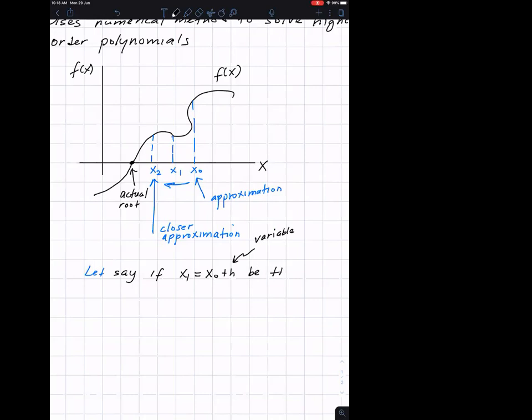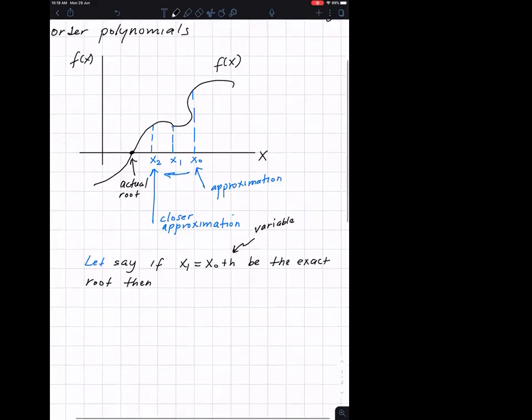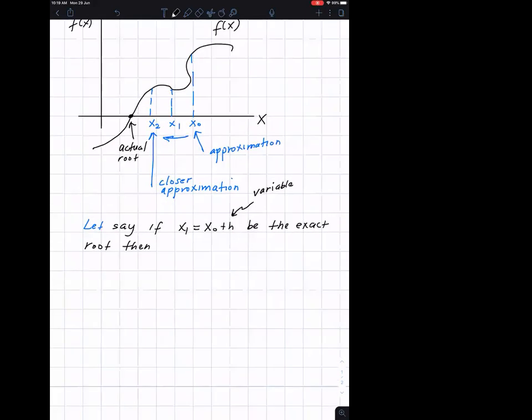Then let's say x1 is the exact root of the curve f(x). If you plug x1 into that equation, that will give you 0, isn't it?